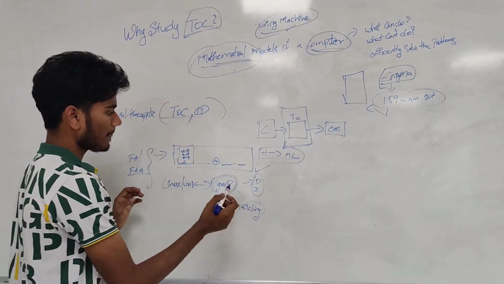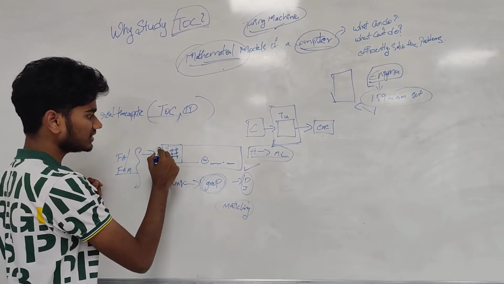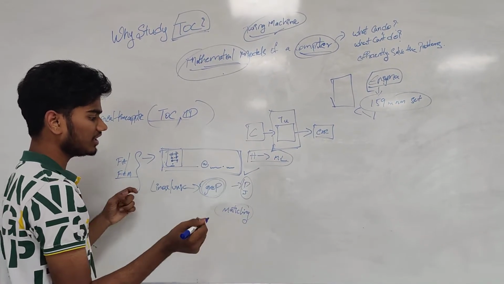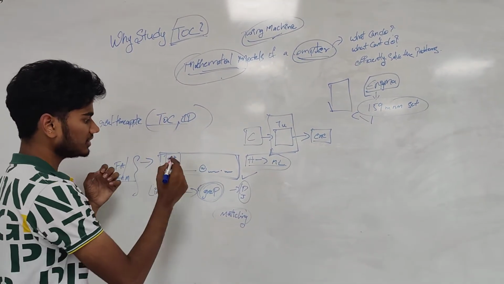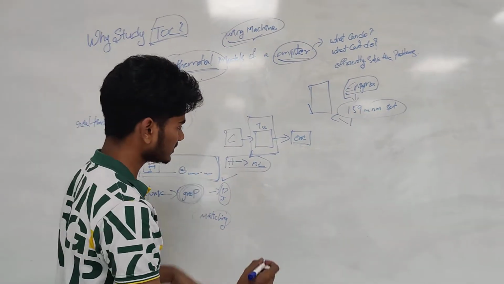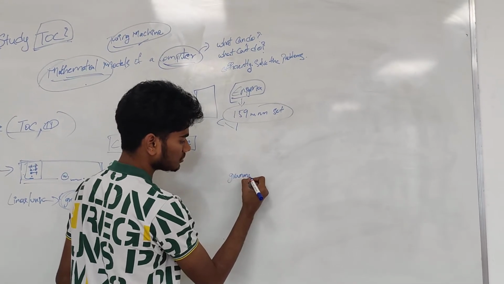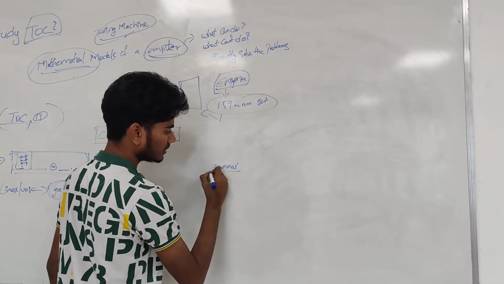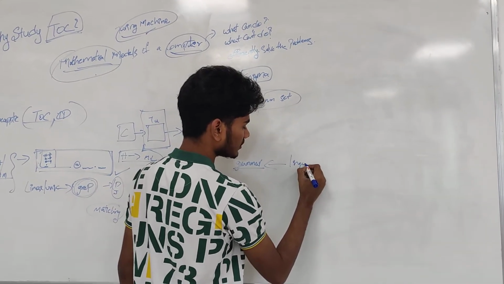Next, how does our system know that this is the exact pattern? How will it learn from it? So we have to teach our system that this has to be the exact pattern. So how will our system learn? We'll pass to our system a grammar. This grammar is taken from linguists.